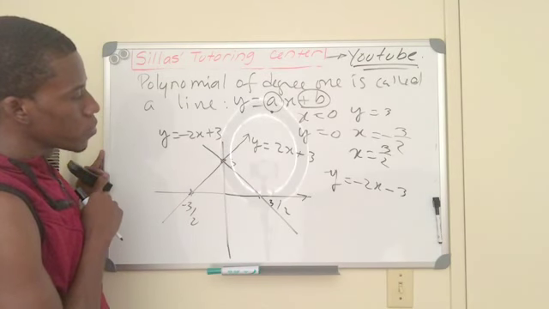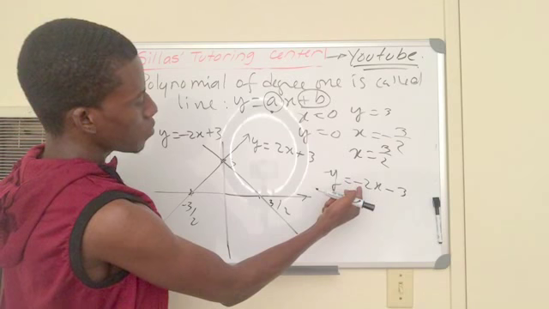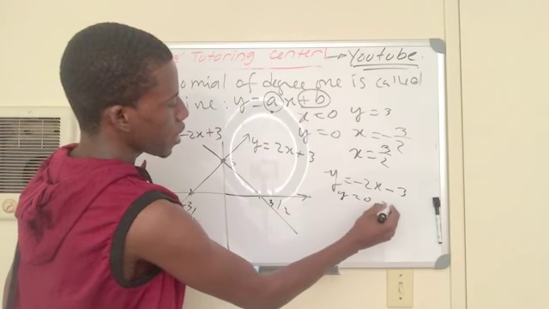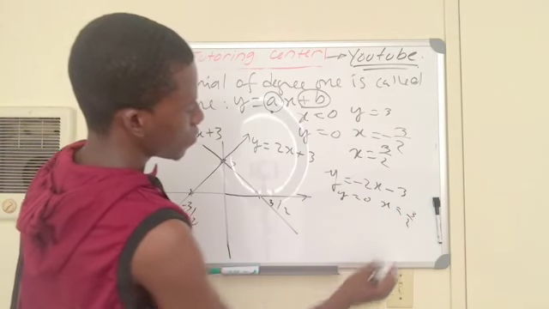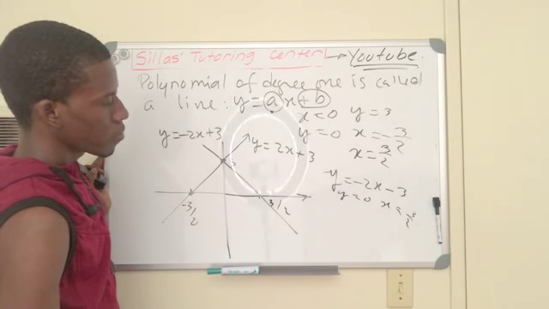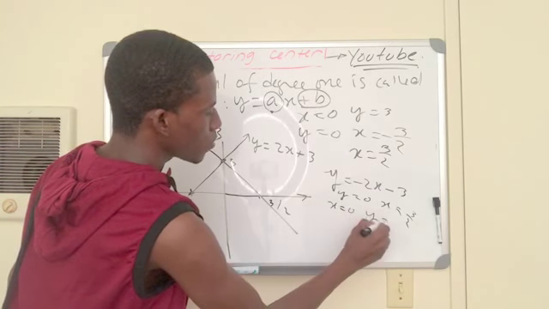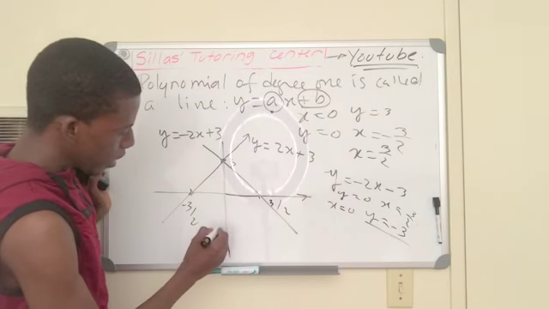So if a is negative and we let b be negative, at y equal to 0 our x is going to be 3 halves. But when x is 0, our y would be negative 3.